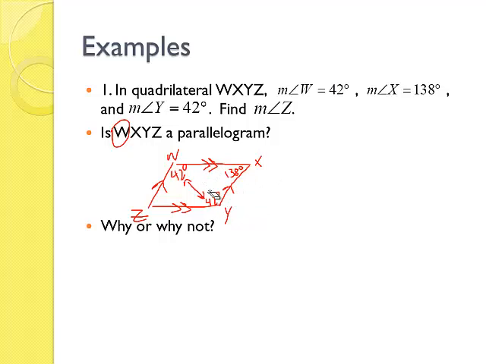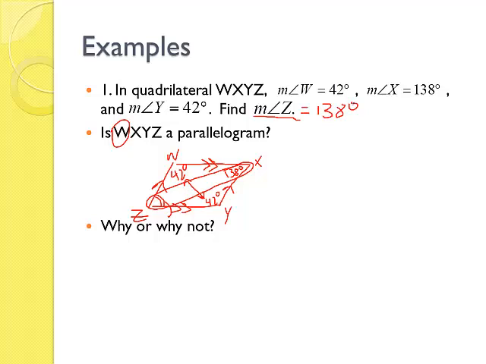I could also find angle Z, which is what we're trying to find. Since it's a parallelogram, opposite angles are congruent. So I can state angle Z is 138 degrees.